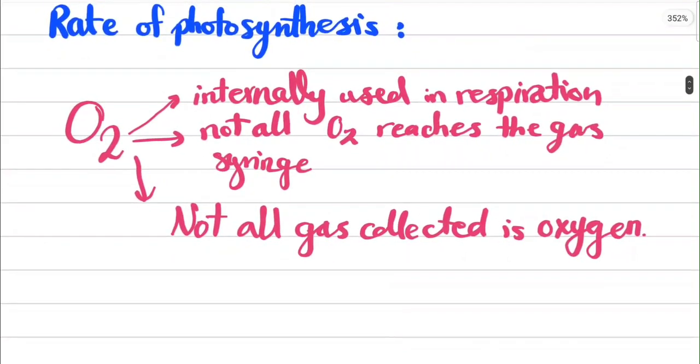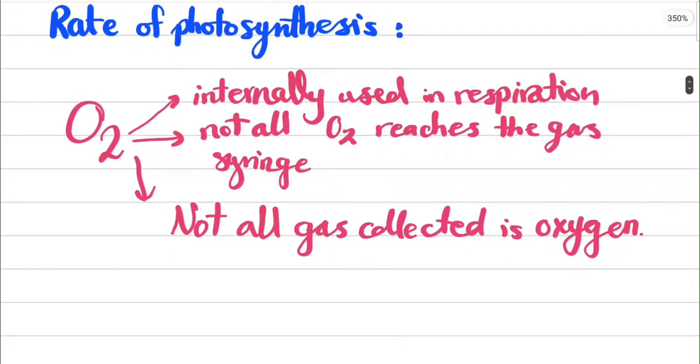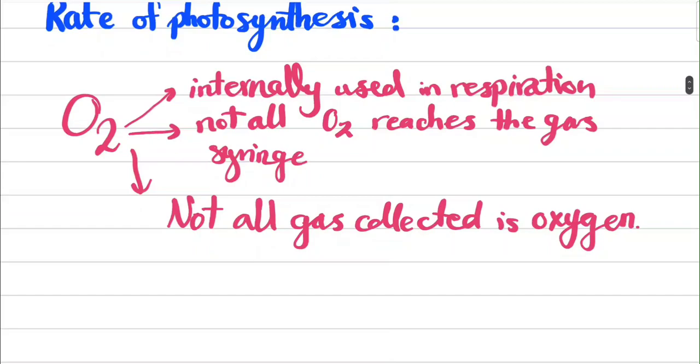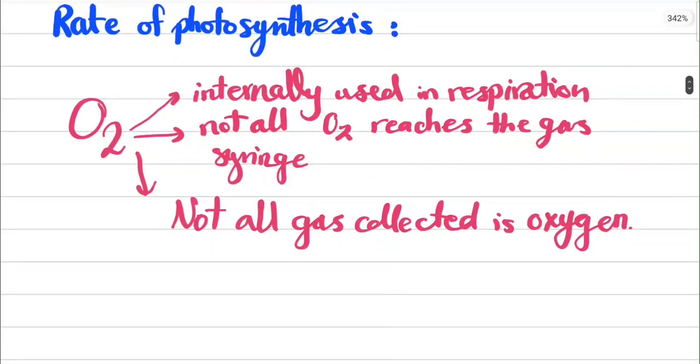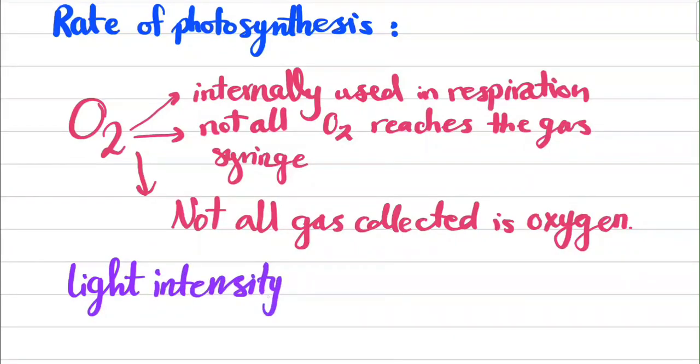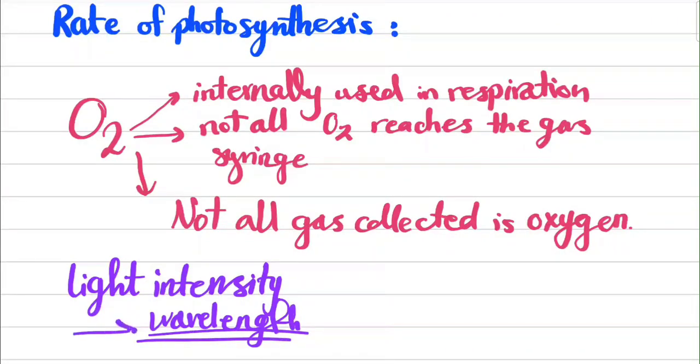Apart from that dependent variable, I'm going to look at my controlled variables, whether they weren't controlled or if they caused some problems. Now, our main thing was light intensity. And of course, we control the light wavelength. Varying the light wavelength, if we are doing this, might lead to a change in the light intensity.